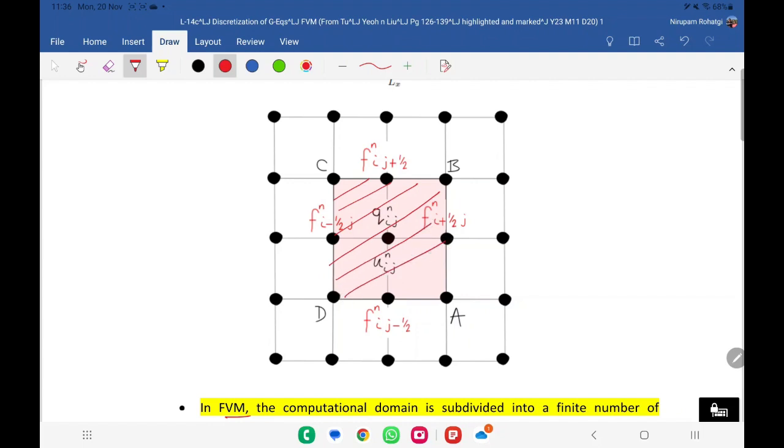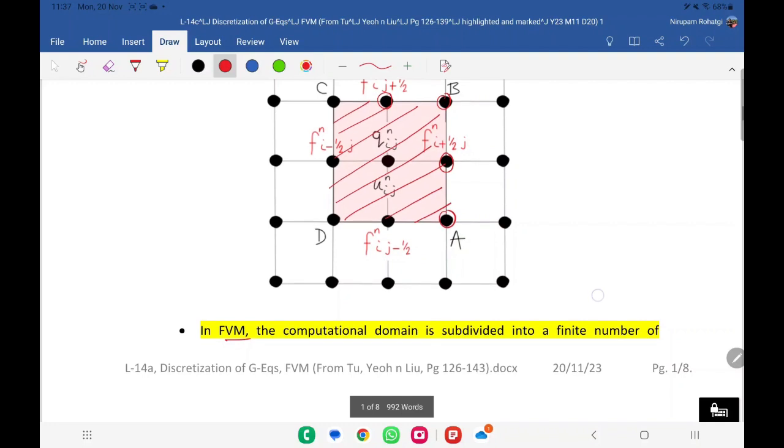So this is the volume we will be talking about, and it can be of any shape. At this moment, this is the volume. So we are not talking about this point, this point, this point, etc. Right? We are talking about the whole volume, and that is why it is called finite volume method.